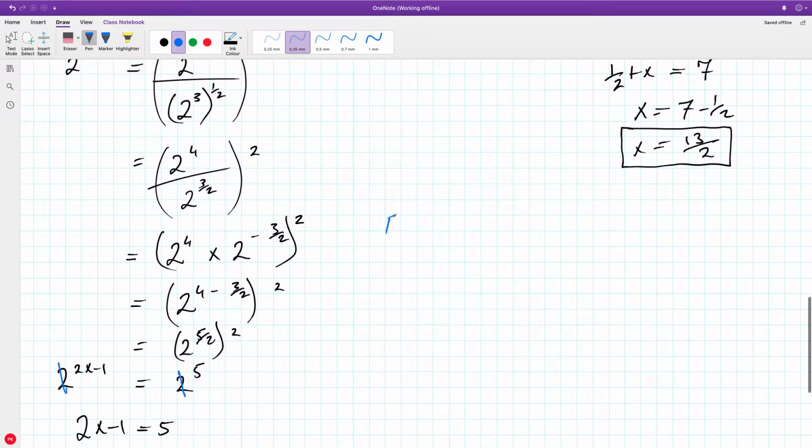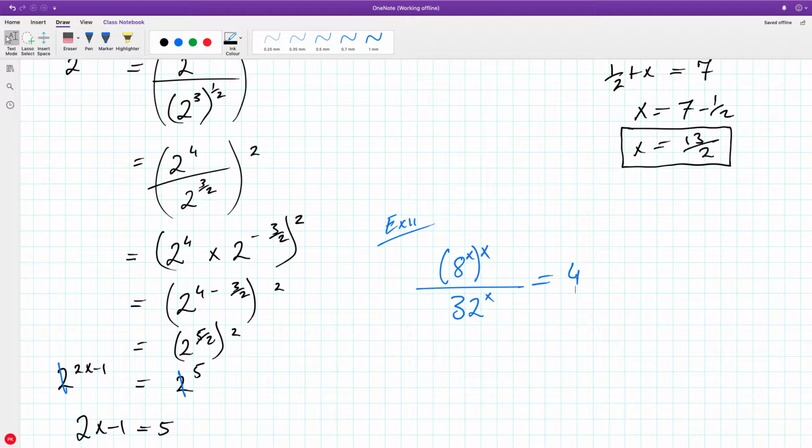Have a go at this one. 8 to the power of x, to the power of x, over 32 to the power of x is equal to 4.